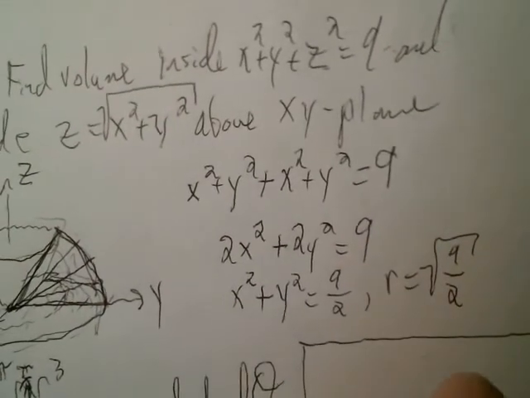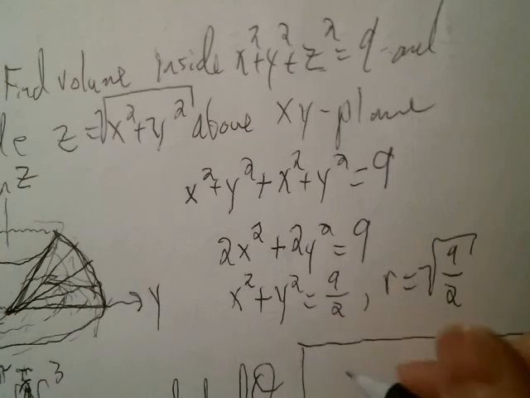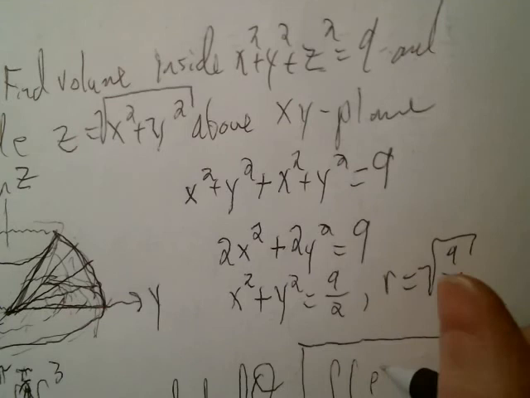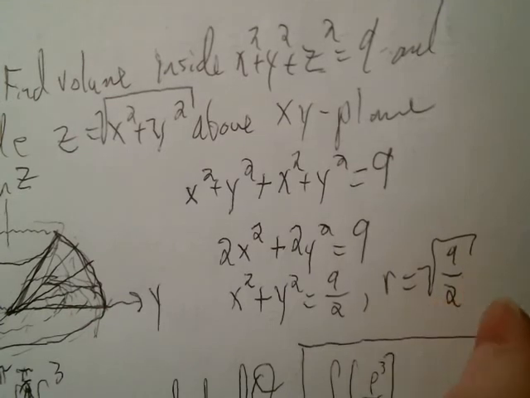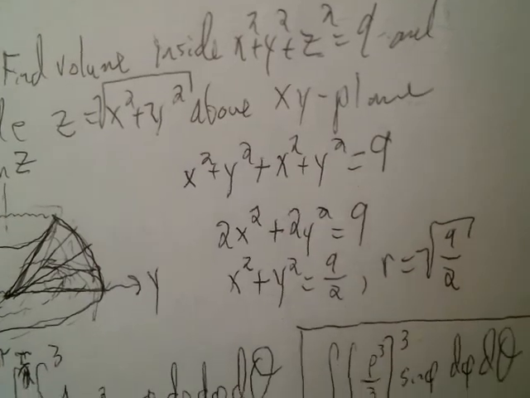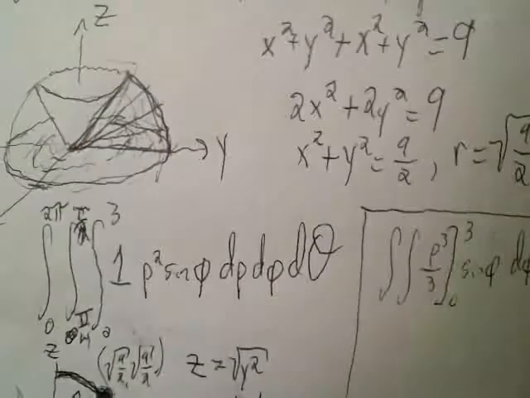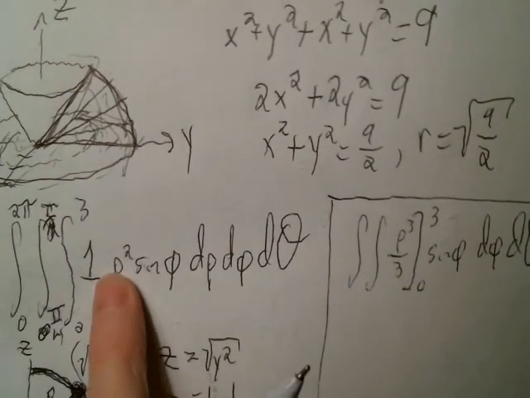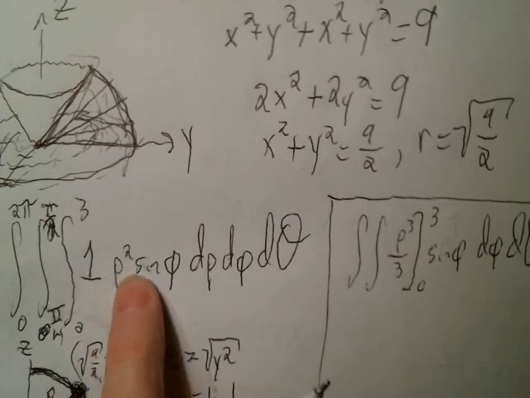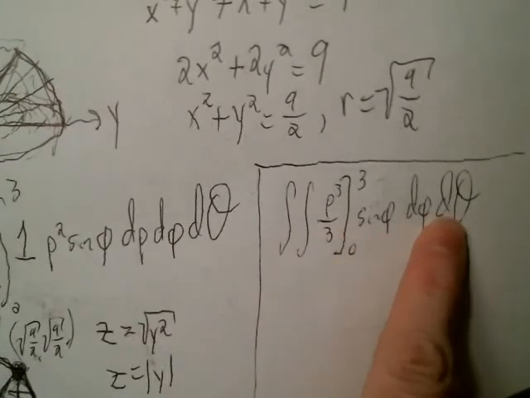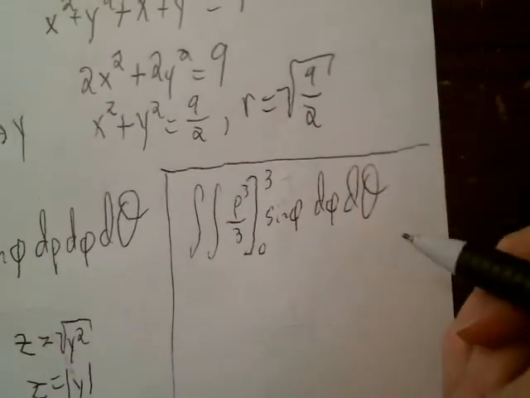First with respect to rho, so I have on the inside rho cubed over 3 evaluated from 0 to 3 of sine phi d phi d theta. So going from here to here, integrate the rho part first. Rho squared becomes rho cubed over 3. I still have a sine phi to deal with, and then d phi d theta.